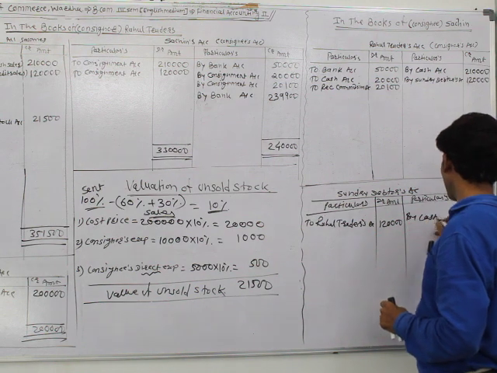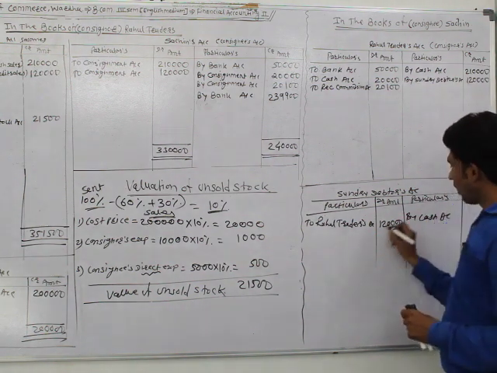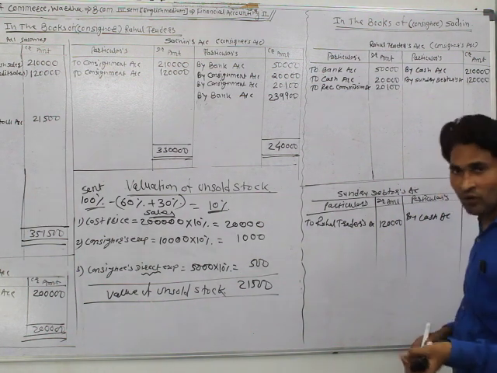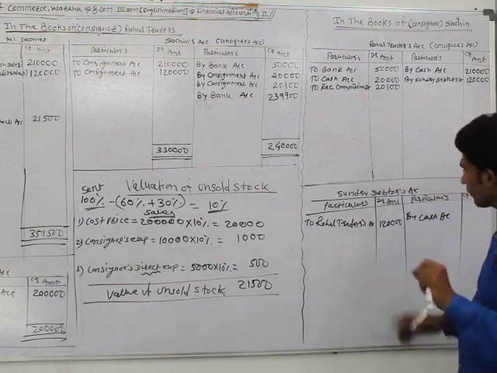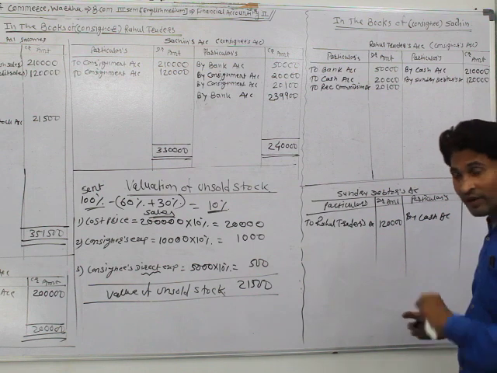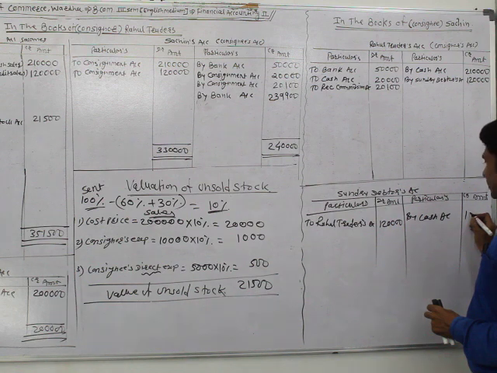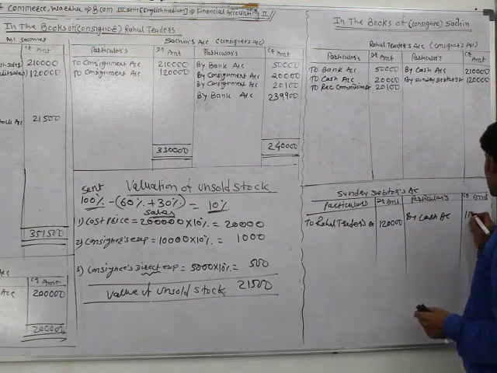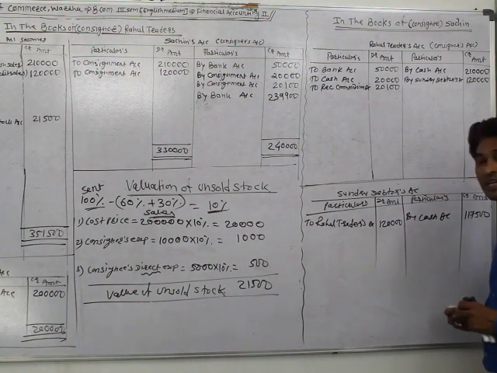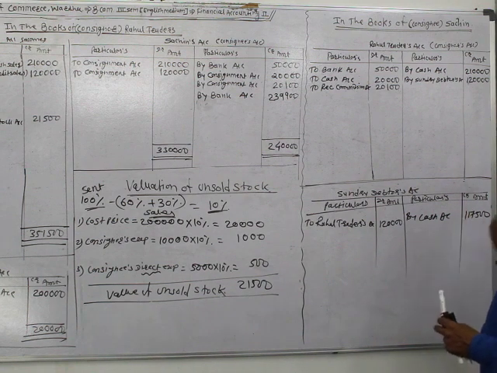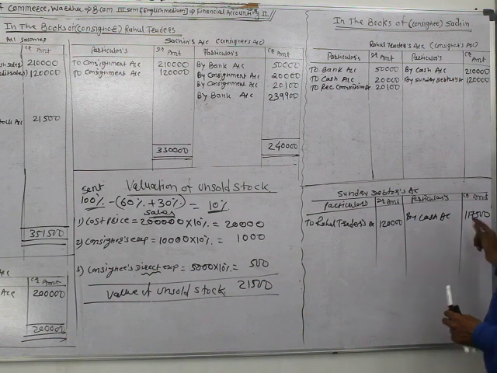Out of rupees 1,20,000, rupees 2,500 from Raju was never recovered. It means rupees 1,17,500 is recovered from debtors. As the general entry, bank or cash account debit rupees 1,17,500.